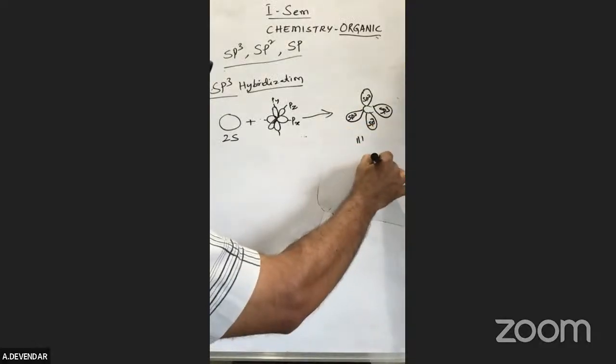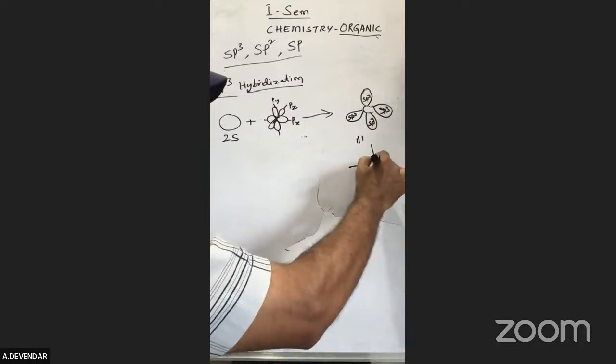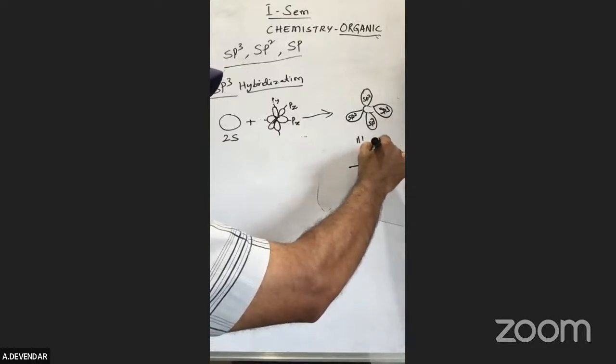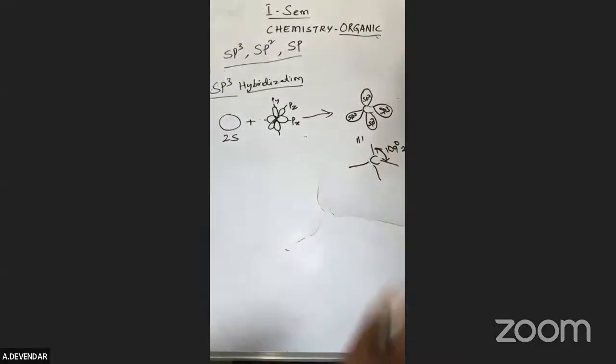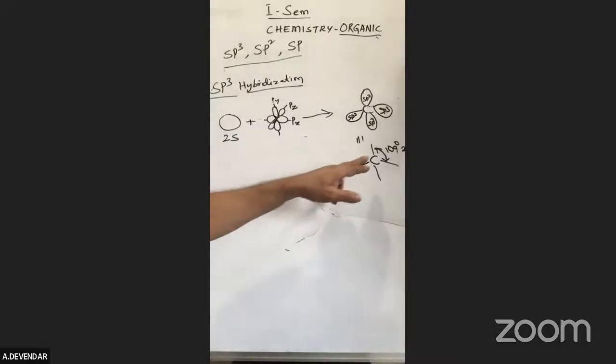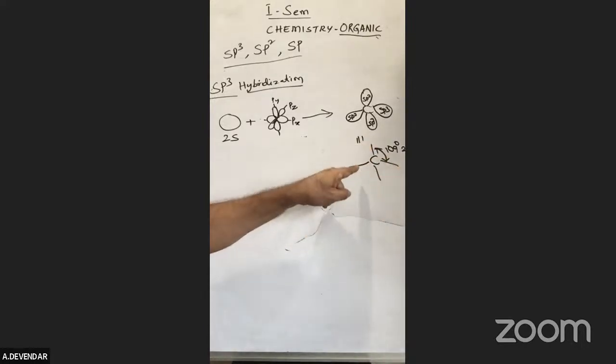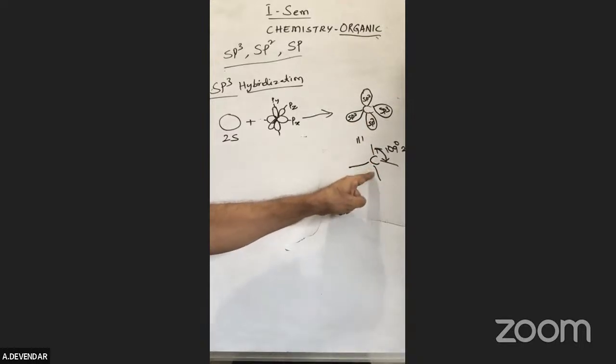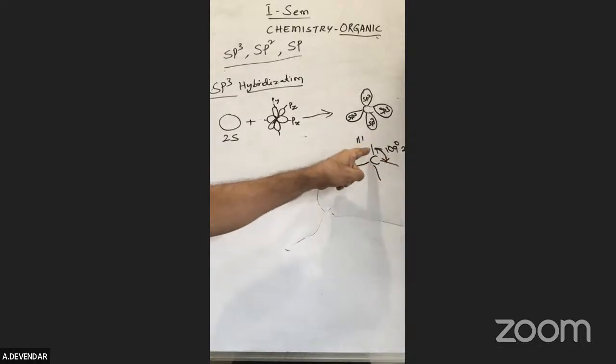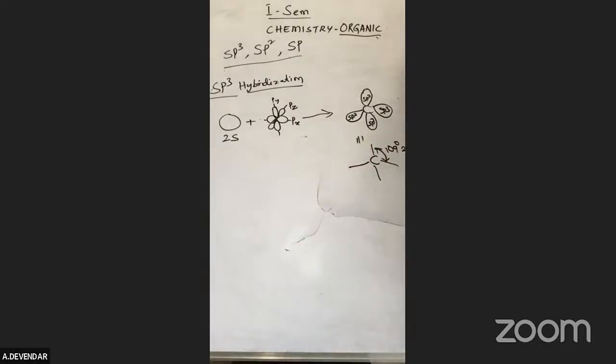There must be a tetrahedral bond angle, and it must be 109 degrees 28 minutes. This is called the tetrahedral bond angle. The 4 covalent bonds present on the carbon atom are nothing but sp3 hybrid orbitals. This is called sp3 hybridization.